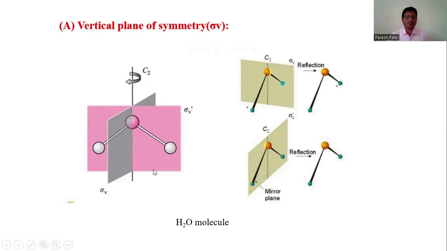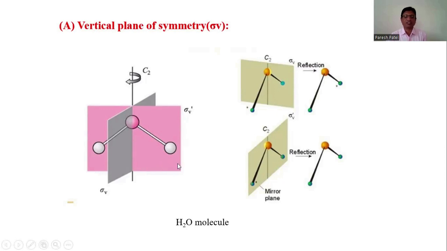Now, this is the first plane and this is the second plane. This plane can be recognized as sigma v YZ plane. Why is this sigma v YZ plane? Because this edge is parallel to the Z axis and this edge is parallel to the Y axis. It means this plane can be recognized as sigma v YZ plane.